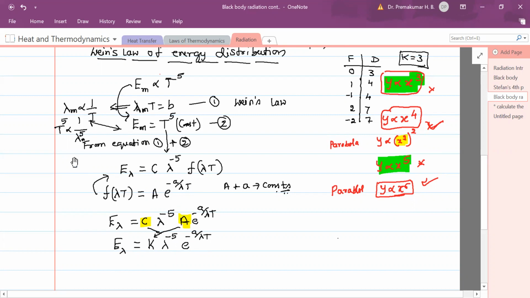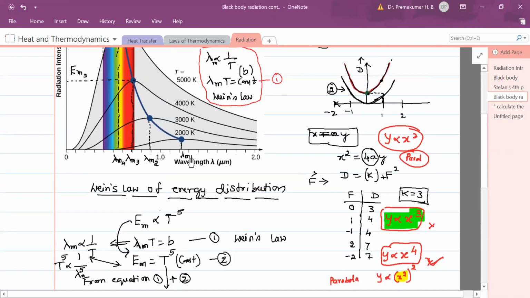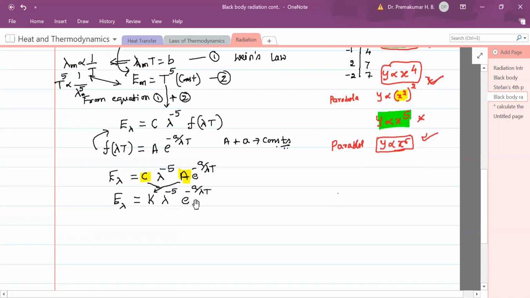We are plotting energy versus wavelength, but at the same time it depends on the temperature also. As the temperature changes, the curve pattern also changes, so energy is a function of wavelength as well as the absolute temperature of the black body.